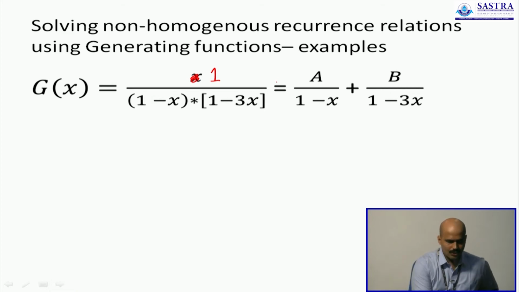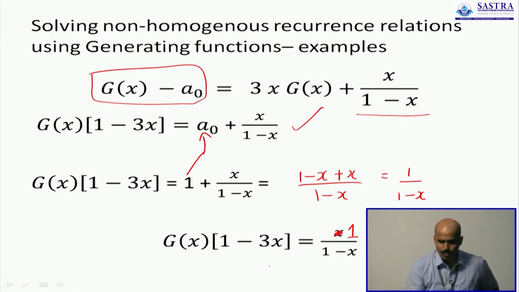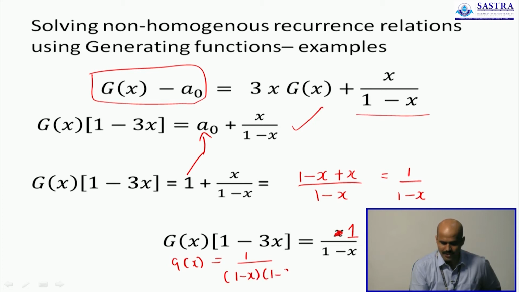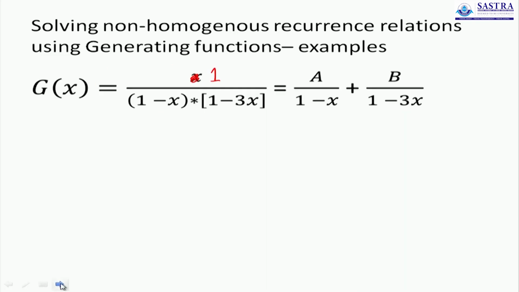We have actually solved for g of x. The moment you write g of x to be 1 upon (1 minus x) times (1 minus 3x), that is actually the generating function that we are searching for. But to convince ourselves, let us simplify further. Simplifying this requires certain refreshing of partial fractions, we will do that.